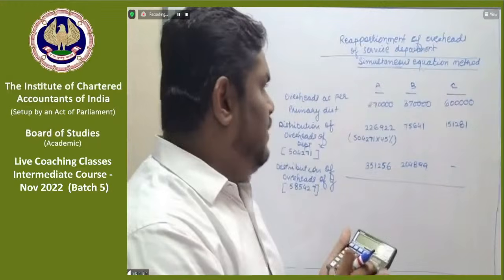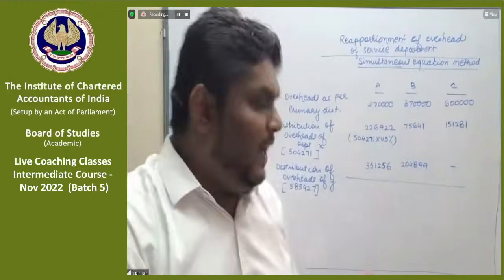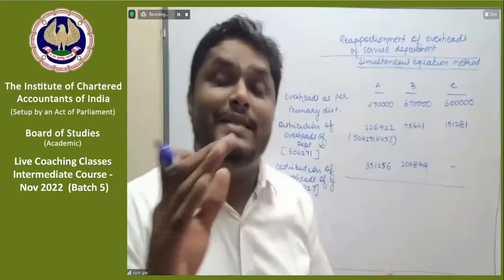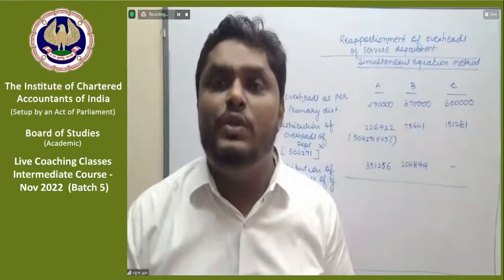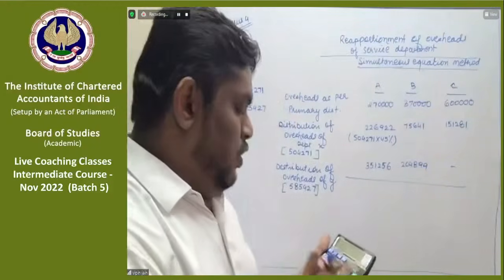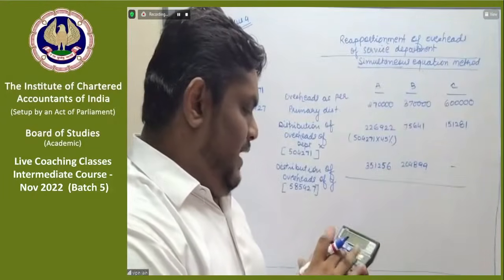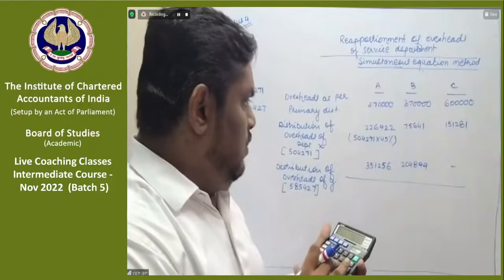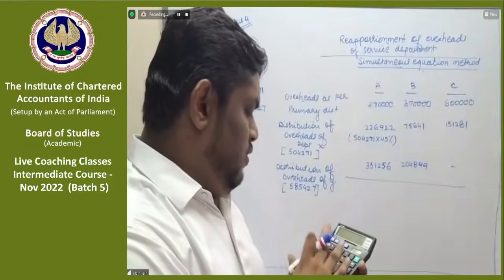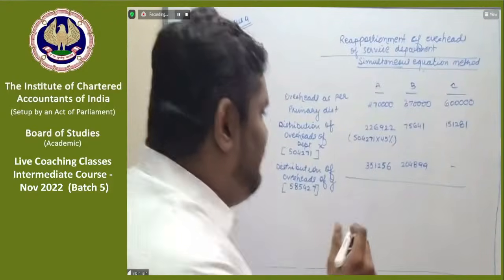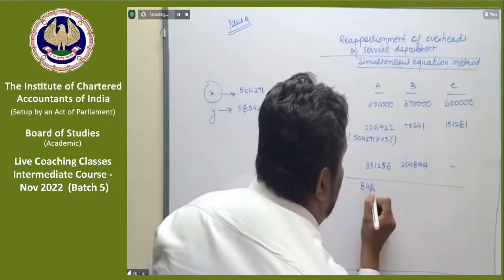So now we can calculate the total overheads of production department A, B, and C that is to be absorbed and charged to the various products or jobs. So 2,70,000 plus 226,922 plus 351,256, so 848,178.